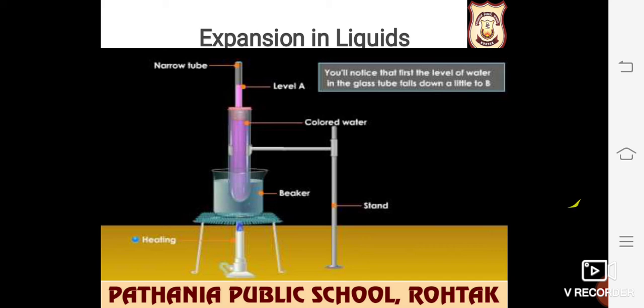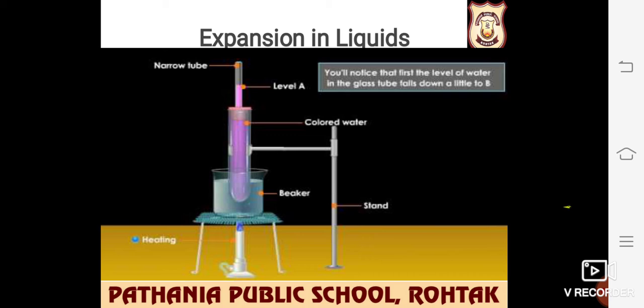Now what we have done, we have taken some colored water in this test tube and corked it. Insert a glass tube through the hole in the cork and fix this tube with a stand properly.